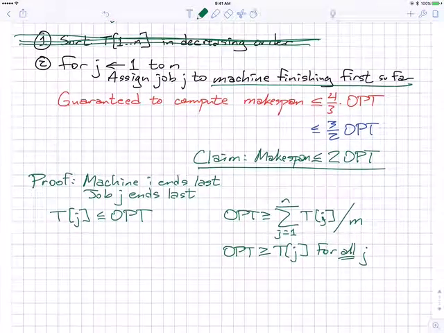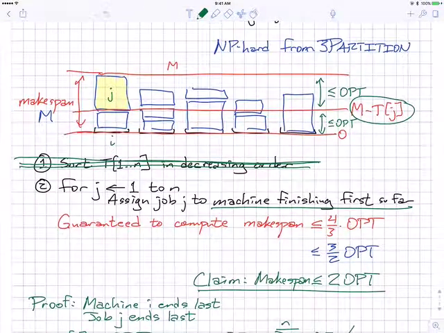And so we can ask, why was job J assigned to machine I? The reason was that at the time job J was assigned, this was actually the shortest stack, not the tallest, which it is now at the end. That's why we put it there.